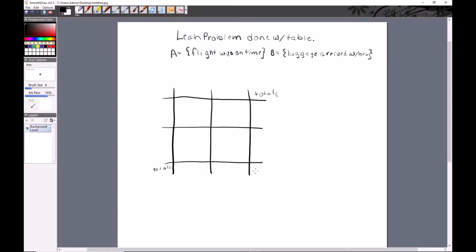Since we're in probabilities, this will have a grand total probability of 1. Let's call this that the flight is on time, which is event A. This one will be late, so that'll be A complement. Then we'll put arrives for the luggage, and that'll be the event B. And B complement is that it doesn't.